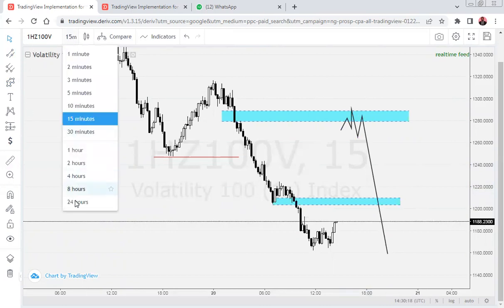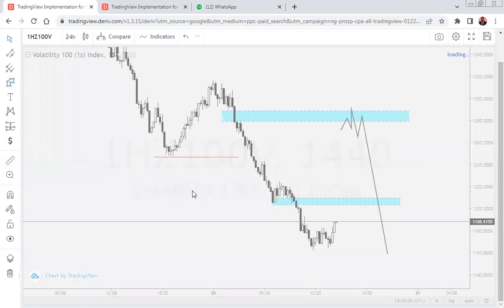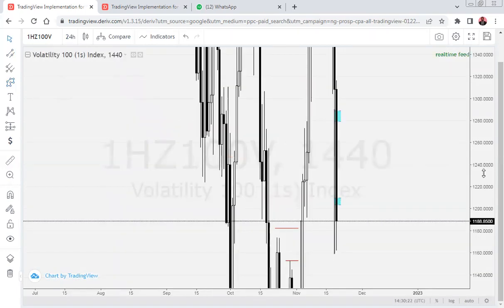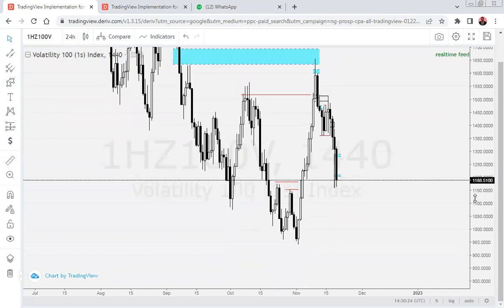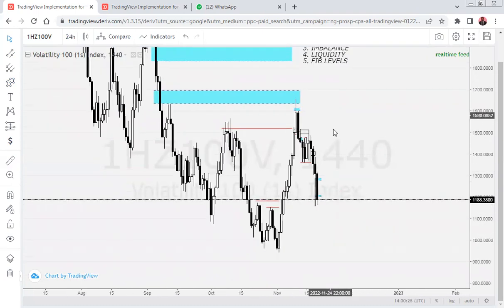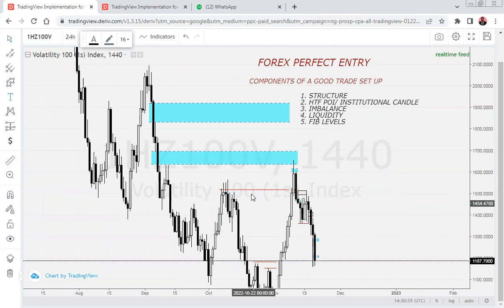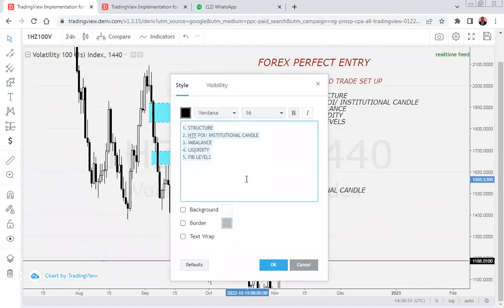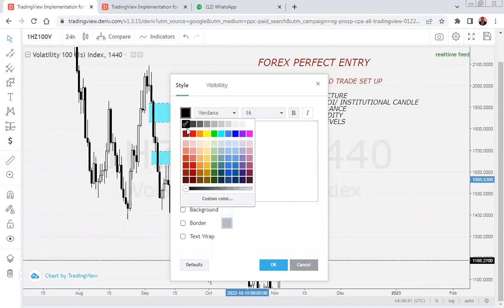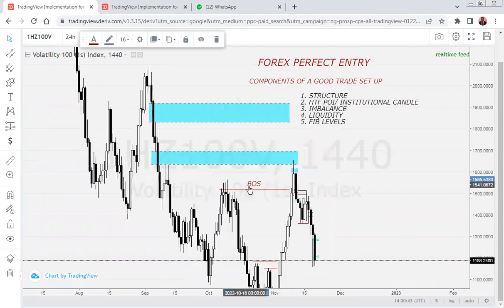Now, let me go back to daily, and then let's consider structurally what the market portends for us. Now we know by structure it is bearish, but market has given us a break of structure at this point. This is already a break of structure at this level.